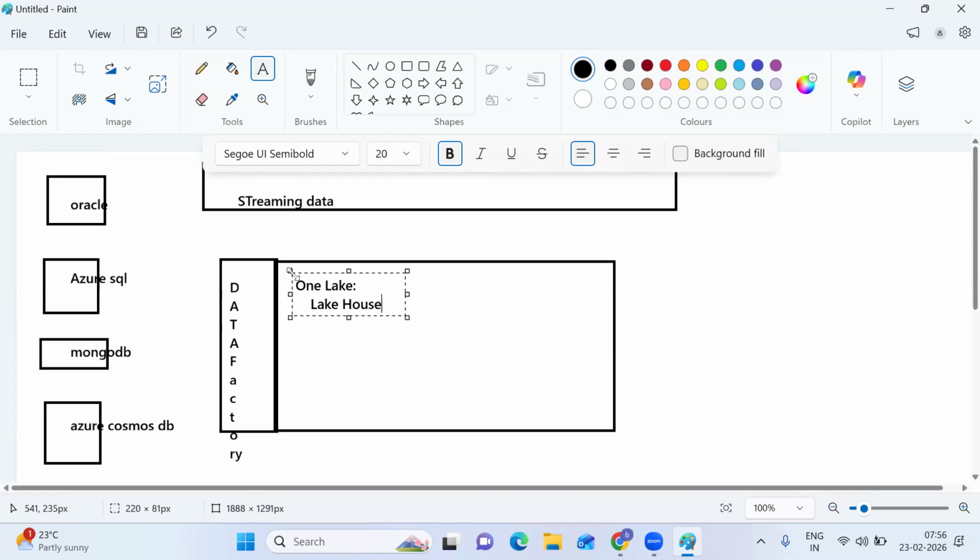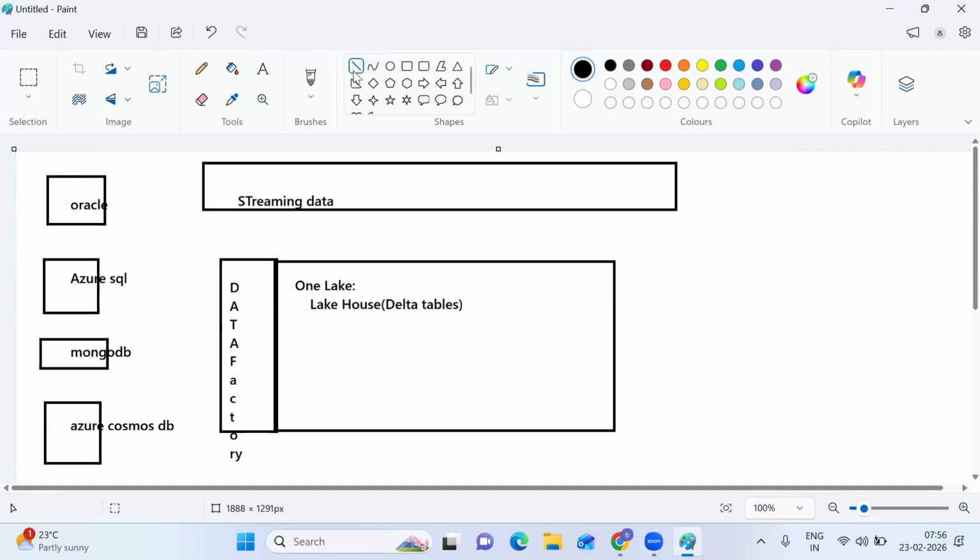In the Lakehouse, you are using Delta formats. To bring this data here, within this Data Factory, you are using Copy Data. Within the Data Factory, there is a concept called pipeline. In the pipeline, the Copy Data activity will be there. Using that, you are connecting with source systems and finally loading the data into the target.